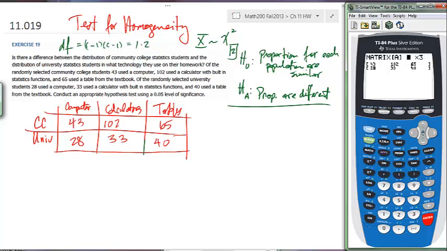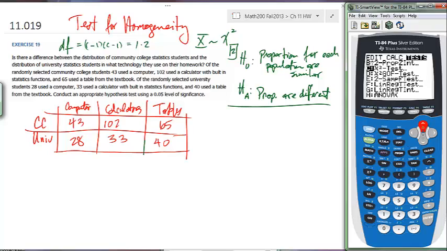Remember, the first thing you need to do is adjust the size of your matrix, the number of rows, which is 2, and the number of columns. You can arrow or you can enter to get to the next set, and then enter again to input your data. Alright, now that we have the data in, let's go straight to our calculator's test commands and do a chi-square test.